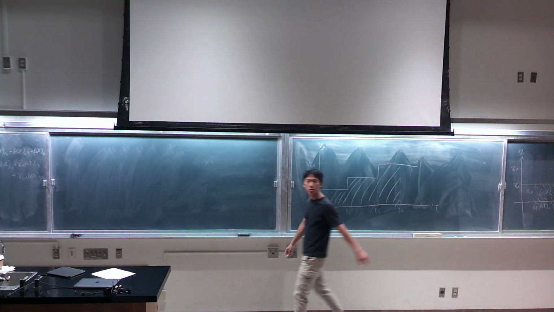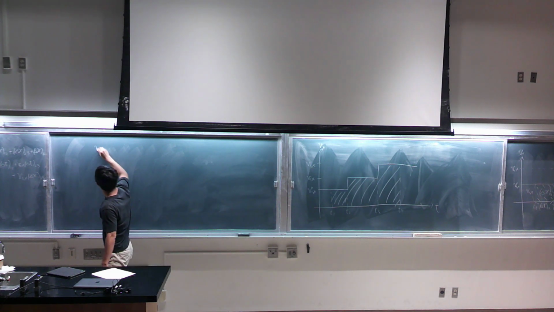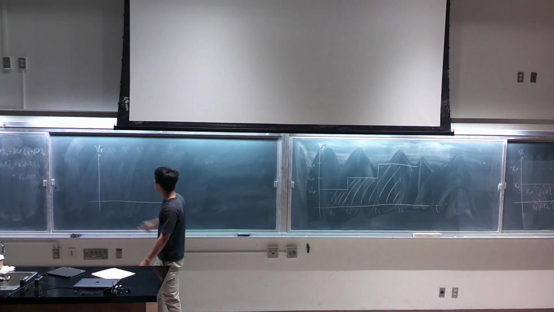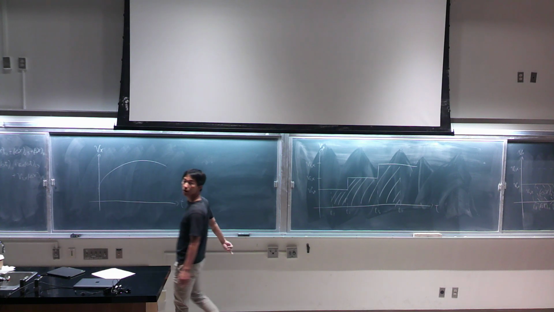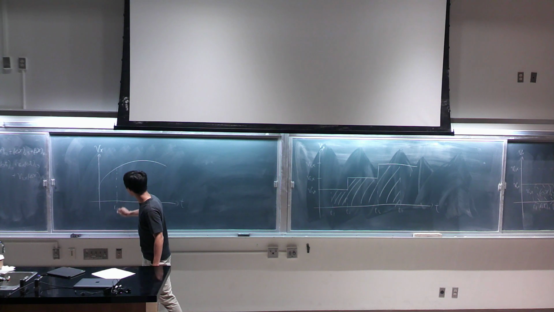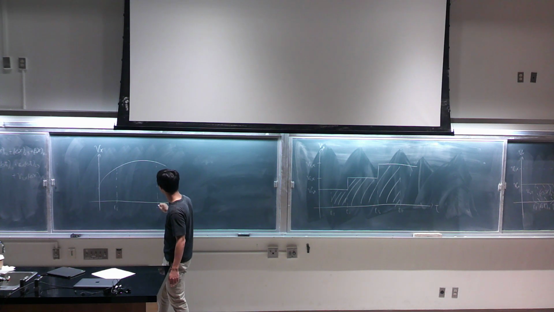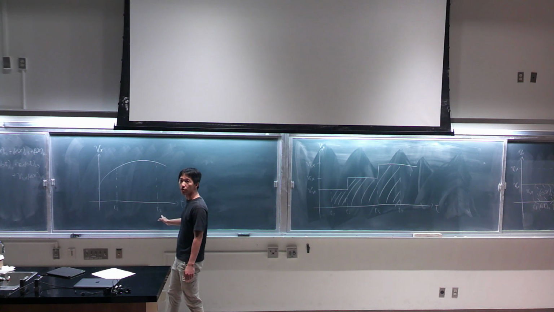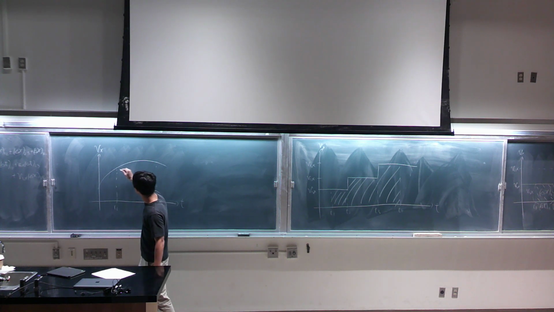So for any general vx, no matter how the x velocity is changing with time, if I want to look at the displacement of the particle from some t1 to t2, I can just cut this time interval into a lot of small intervals. I can say that this particle is moving with this velocity for a short time period, and the velocity jumps to another value and moves for another short time period.